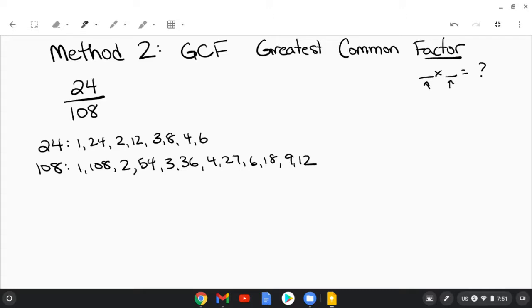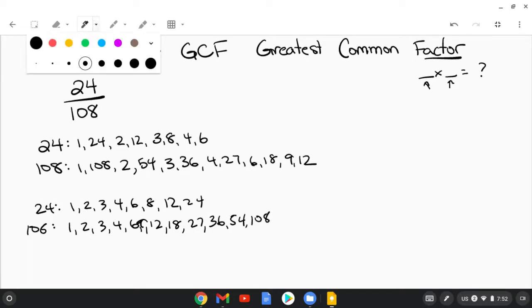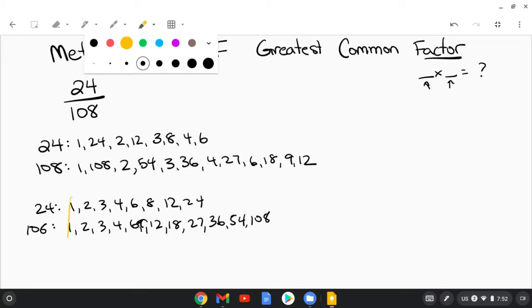And when I look at this list, it might help to write it in numerical order. So I'm just going to rewrite this in numerical order. 1, 2, 3, 4, 6, 8, 12, 24. 1, 2, 3, 4, 6, 9, 12, 18, 27, 36, 54, 108. And if I look at this, you can see that we have a few numbers that appear in both lists.